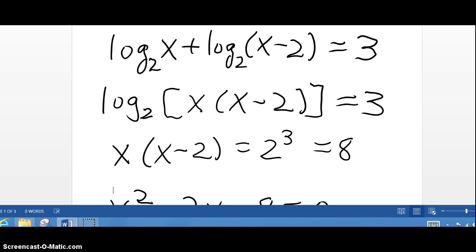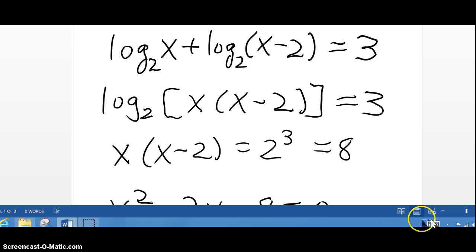Again, we want to change it from a log equation into an exponential. When I see the word log, I'm thinking exponent. When I see the equal sign, I'm thinking is. The exponent is 3. What is the base? 2. So x times x minus 2 is equal to the base 2 raised to the exponent 3.